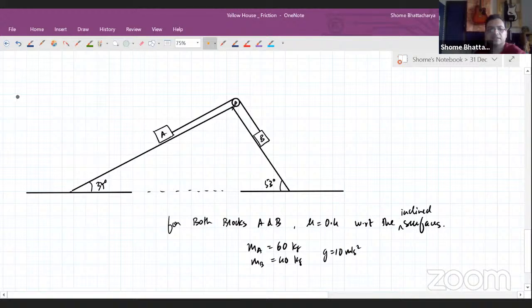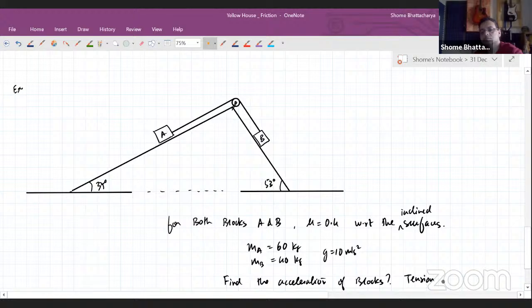So you have to find the acceleration of the blocks and the tension in the string. Okay, work this out quickly.